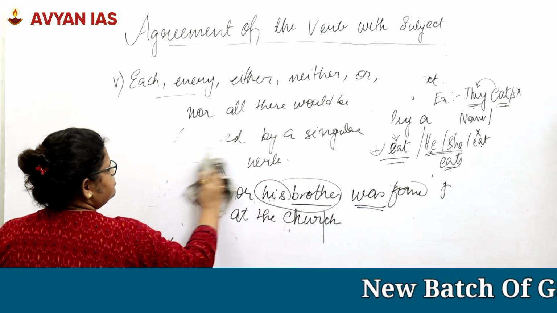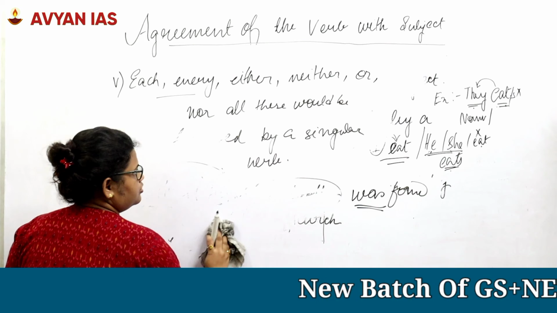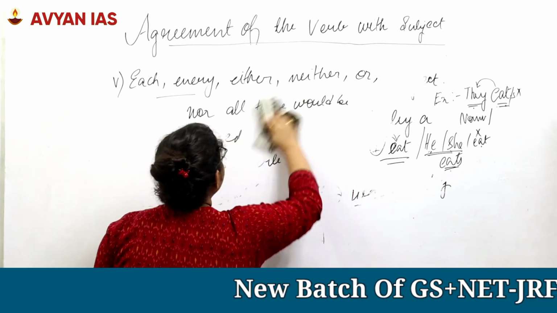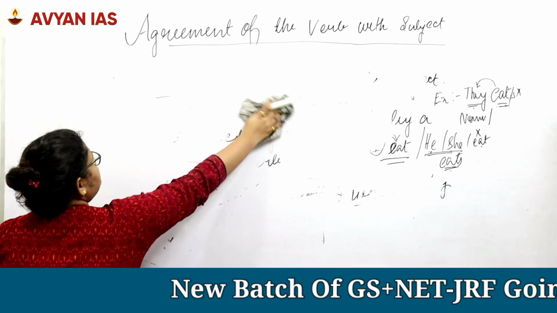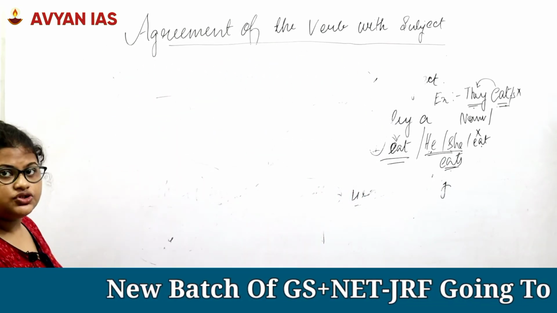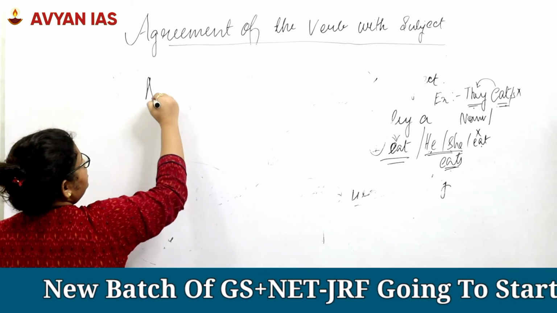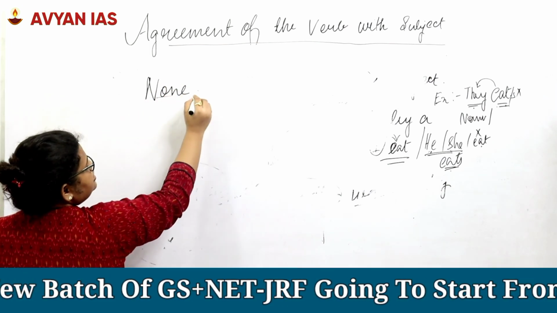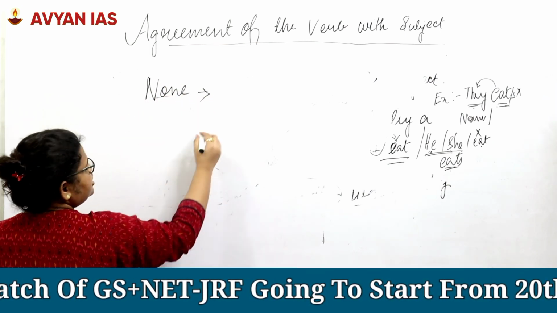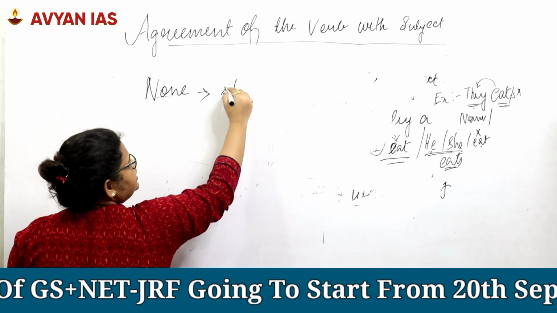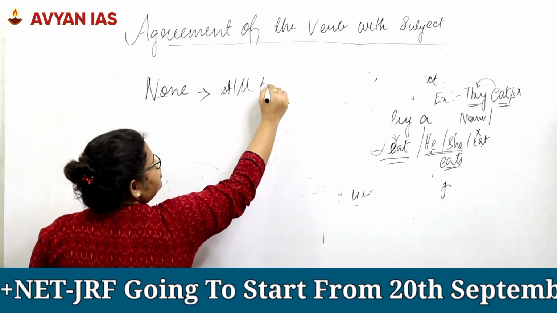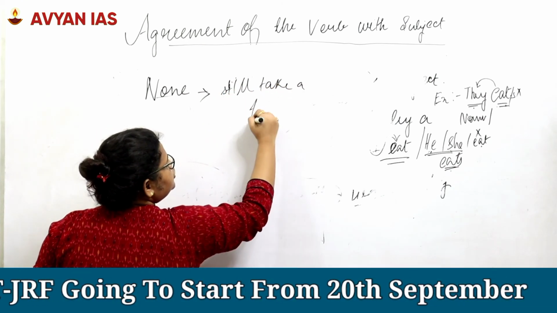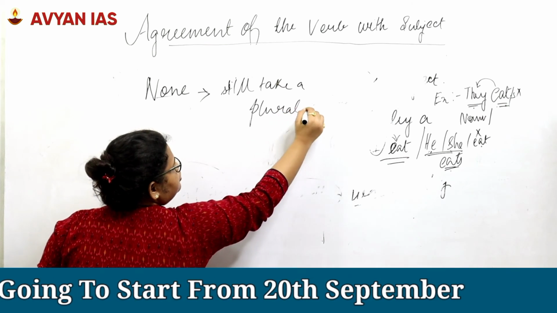However, there is an exception to this part, which happens with the word none. Although none is singular in reference, it would still take a plural verb.